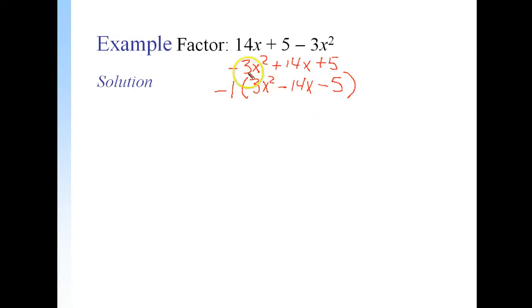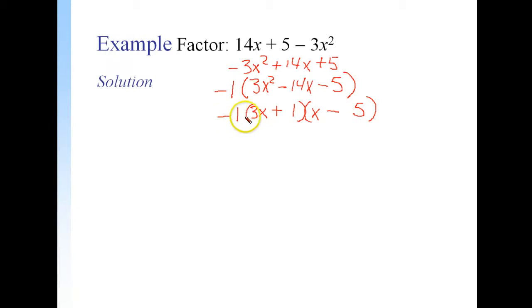What I did is I just factored out a negative 1, and now my a term is positive. Now I still need that outside, and since 3 is prime, that's a good one. And again, my 5 is prime. I think we did one like this here. And this is going to be negative, and this is going to be positive.